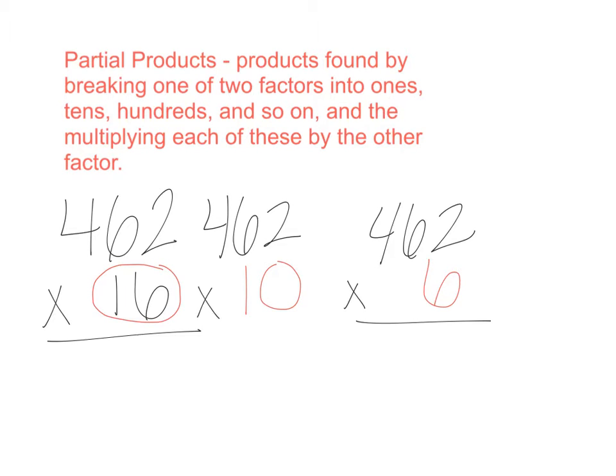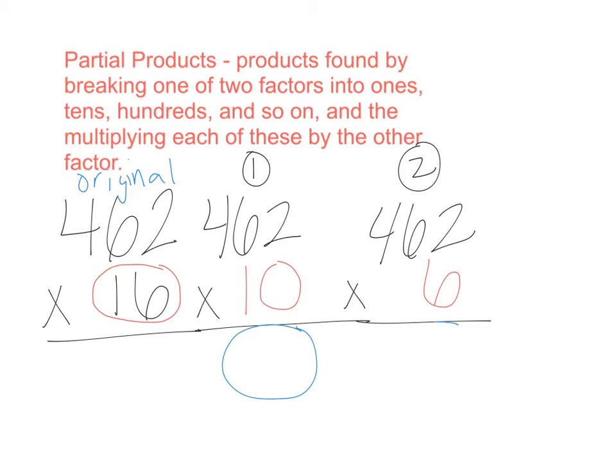You then created two equations, equation 1 and equation 2, out of this original equation. When you have multiplied the two new equations, that's going to give you two partial products. Then when you add them together, they give you the final product.